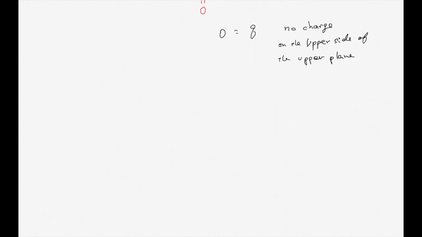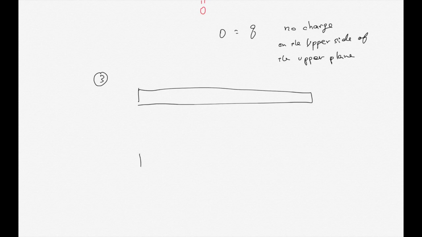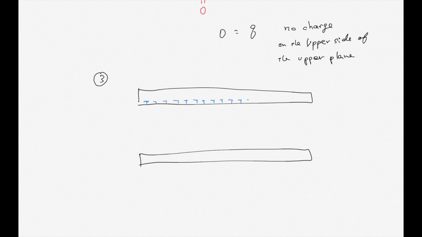Okay, and the third step, we'd like to discover the electric field between the two plates. So we consider two plates, and the positive charge is placed on the lower surface of the upper plate, and the negative charge is placed on the upper surface of the lower plate.